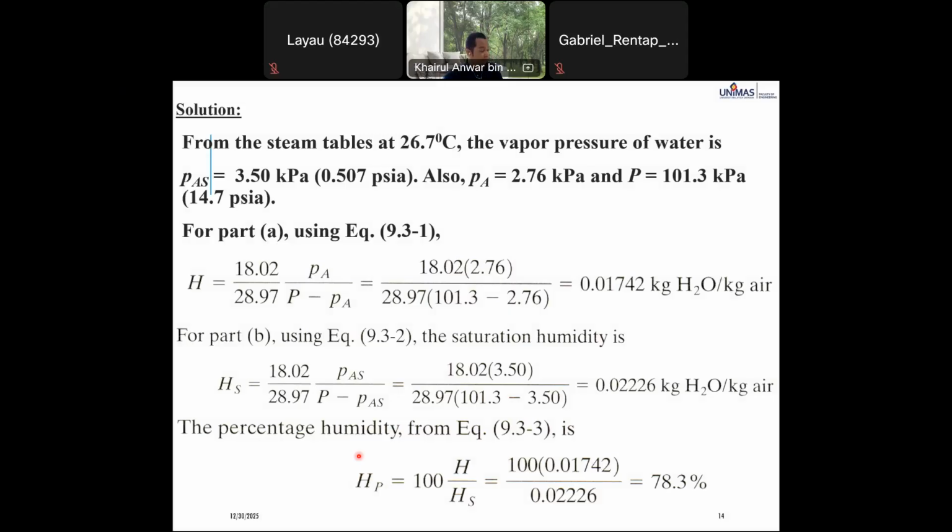From the steam table in appendix A2 in this book, which mainly focuses on water only, we have the steam table with heat transfer properties of water, vapor pressure, and latent heat.